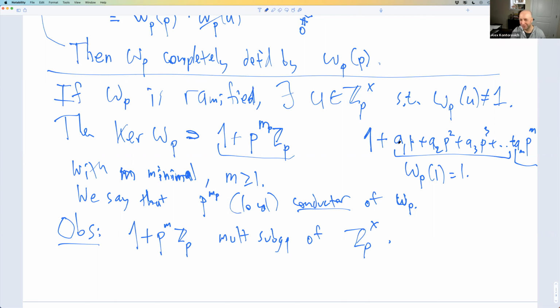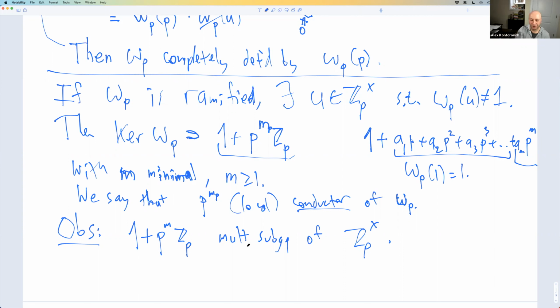Does it have nothing between P and P to the M minus 1, and then has whatever after that? And so will its inverse? Yes, its inverse. If you try to invert an element like this, it's also of the form 1 plus a bunch of zeros, and then you have to carry the rest of the digits out. So that's a multiplicative subgroup.